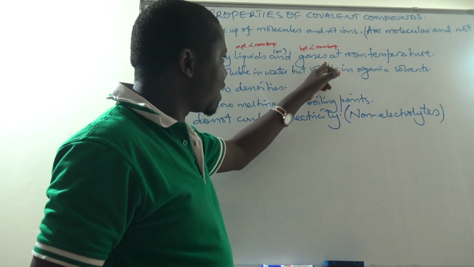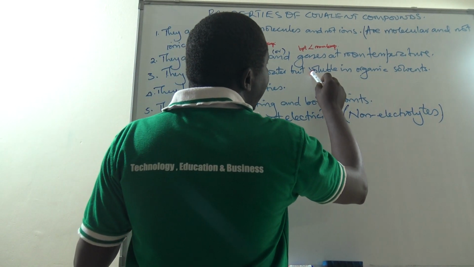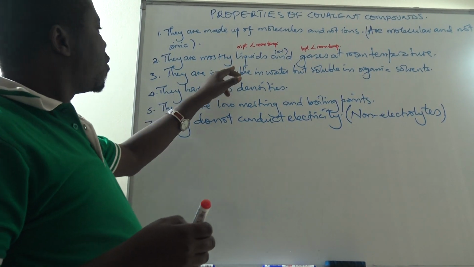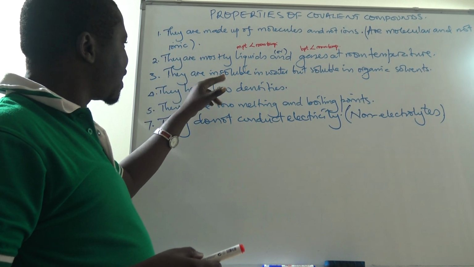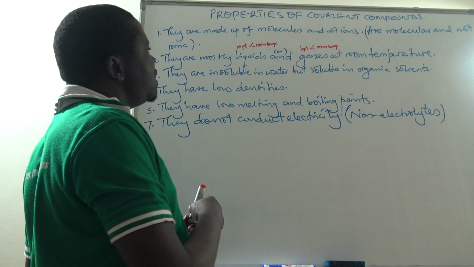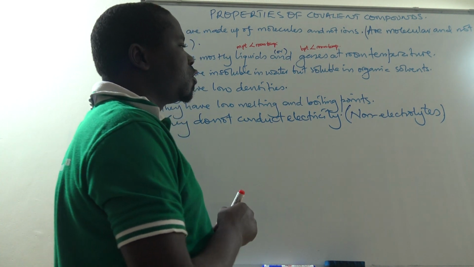Then, they cannot dissolve in water, but they can dissolve in other organic solvents. We say that water is an ionic solvent, and it is only ionic compounds that can dissolve in water. But these covalent compounds, since they are molecular, dissolve in organic solvents which are also molecular.